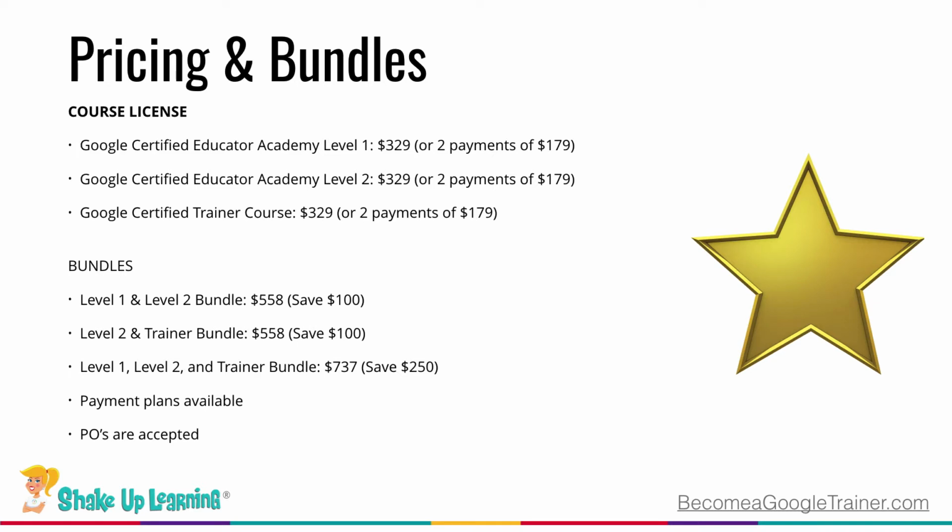There's no way to process purchase orders through the online cart when it opens. So that has to be done manually, and you need to submit that through that form. So me and my team can actually get to work and help you get that in line, because I realize that a lot of schools take a long time to get purchase orders. So 2 weeks may not be enough time for you. And of course, there's also bulk pricing for groups, schools, and even districts.